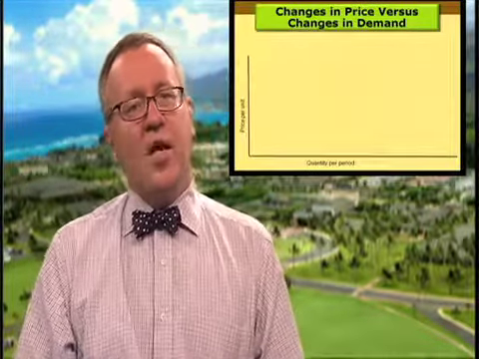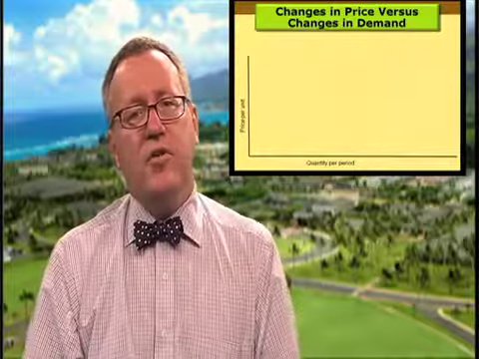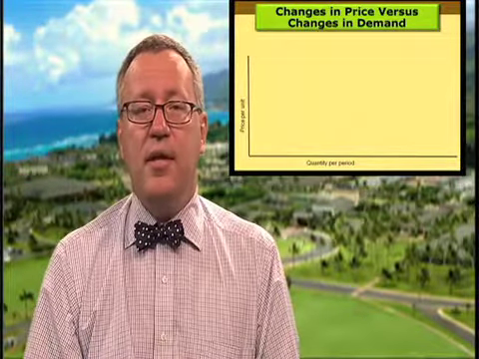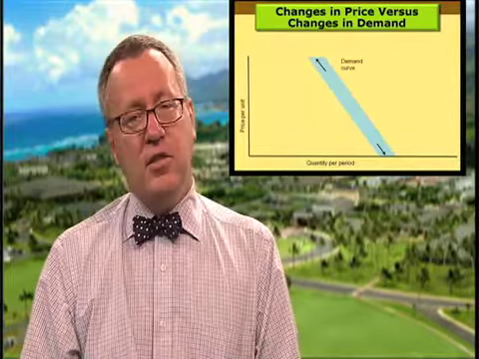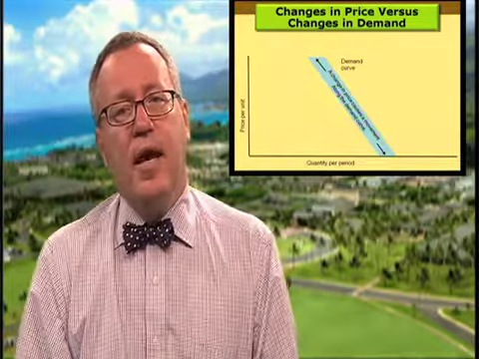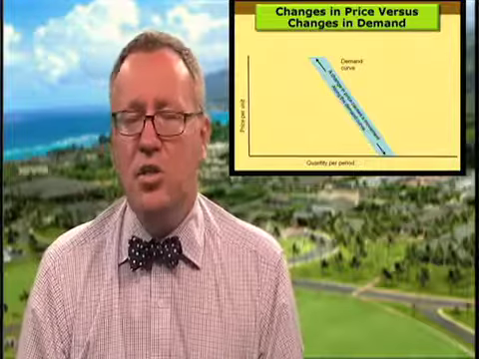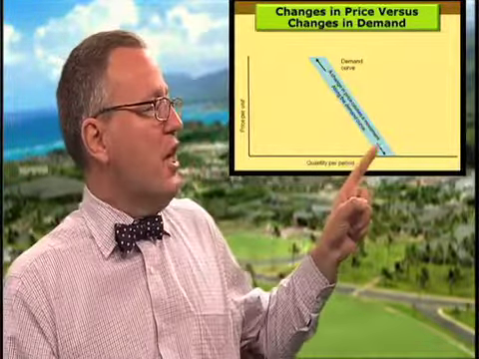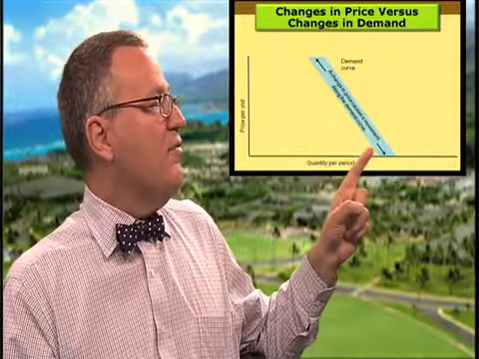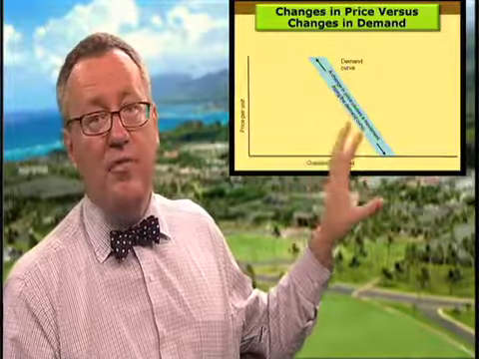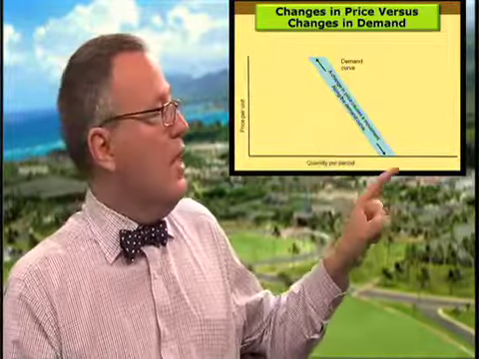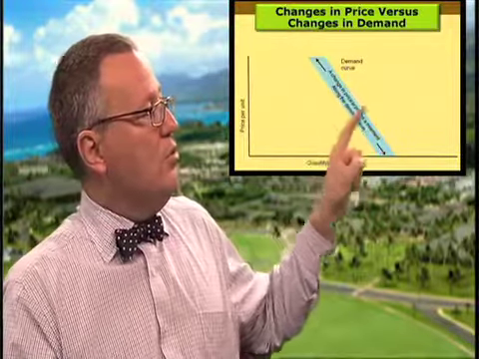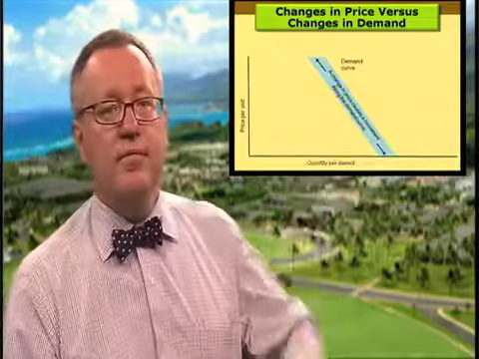All right, let's talk about price changes versus changes in demand. I've hit this a few times already, so hopefully it makes some sense. This is our demand curve. A change in the price causes just a movement along the demand curve. So anytime I change the price of the good on the graph, in this case it could be coffee, it could be tea, it could be hot chocolate, I'm just going to move up and down this demand curve.